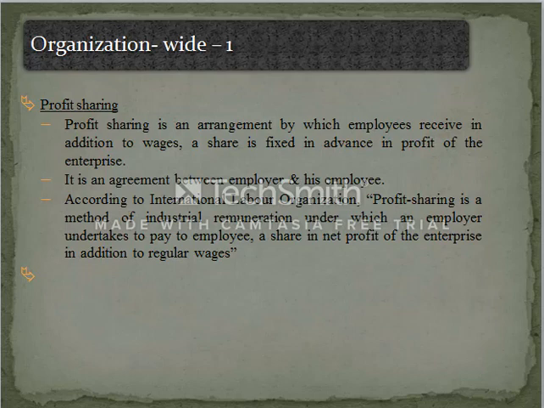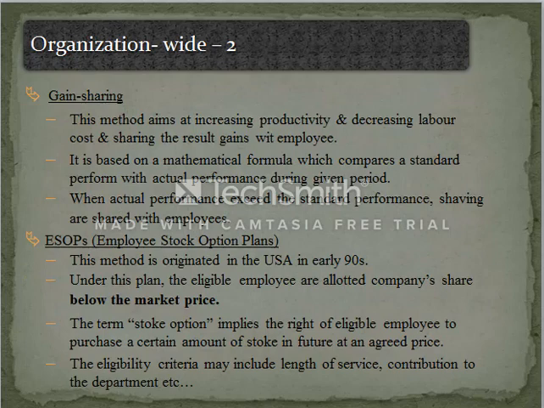Now the second category under organization wide is gain sharing. This method aims at increasing productivity and decreasing labor cost and sharing the resulting gain with the employees.